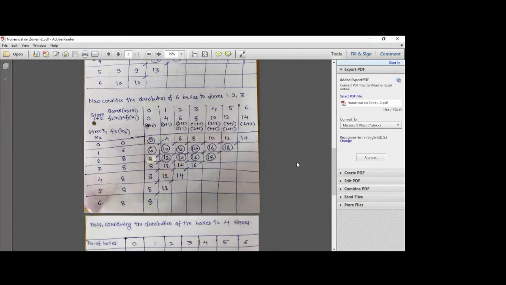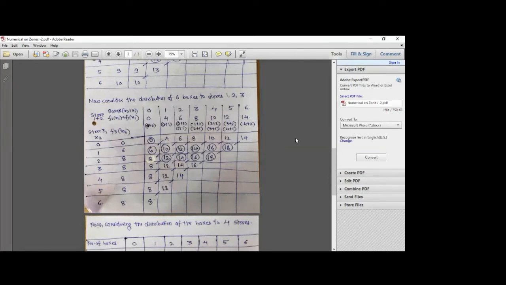I won't be repeating everything again, but let me explain it in the shortest possible manner. Here it is 0, this is your 0 plus 1, 0 plus 2, 0 plus 3, 0 plus 4, 0 plus 5 and 0 plus 6. All these combinations, you will be calculating, and then you'll be identifying the maximum profit here as well.